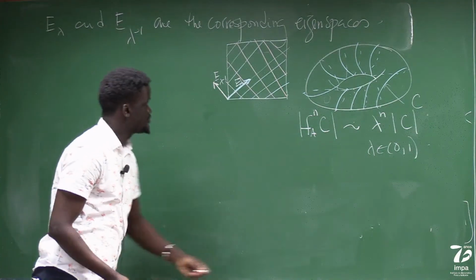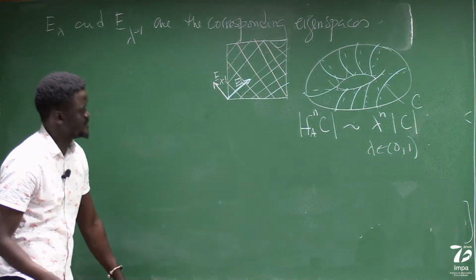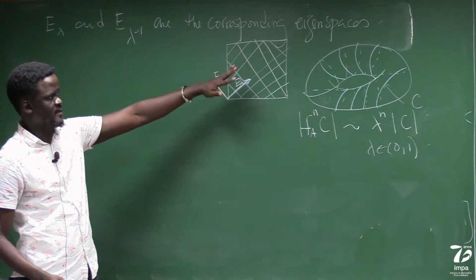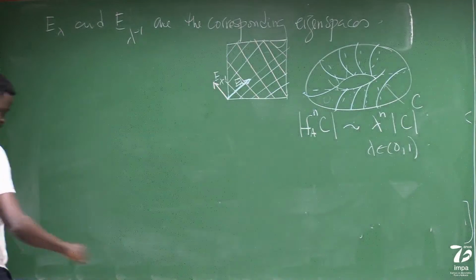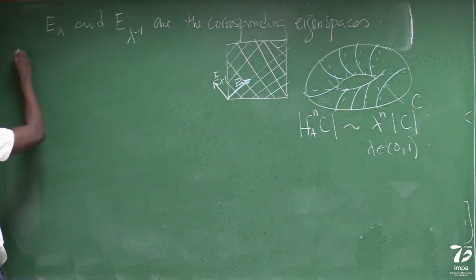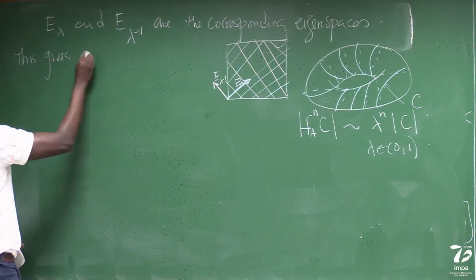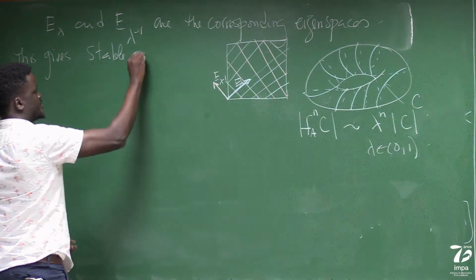So when you want to prove ergodicity, for this picture, this gives me what we call two foliations, stable and unstable foliations.